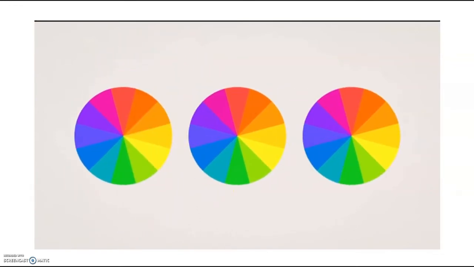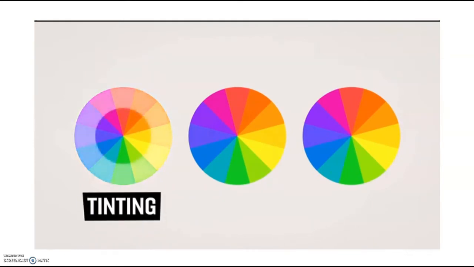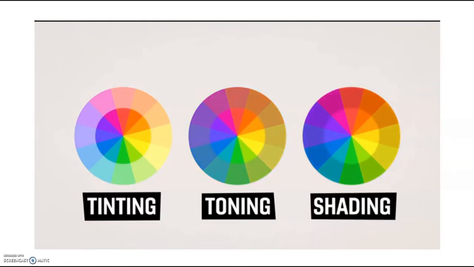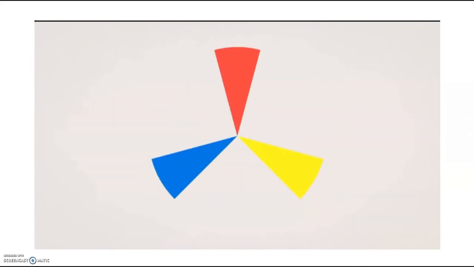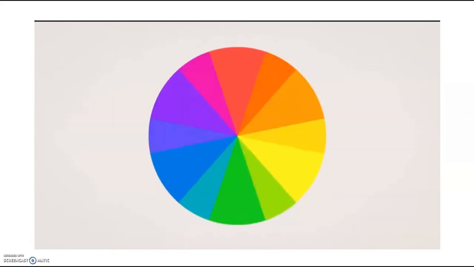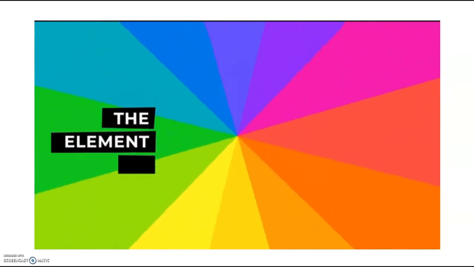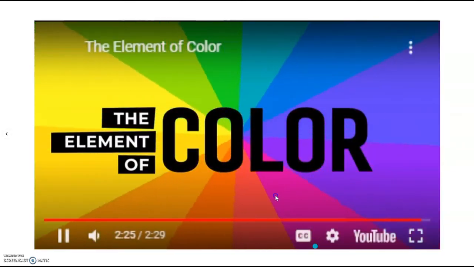Three common color modifications are tinting, which is adding white to a color, toning, which is adding gray to a color, and shading, which is adding black to a color. Lastly, the RYB color wheel is just the starting point for understanding the world of color. So be sure to check out part 2 of the element of color.